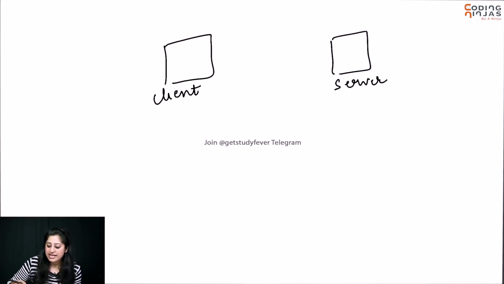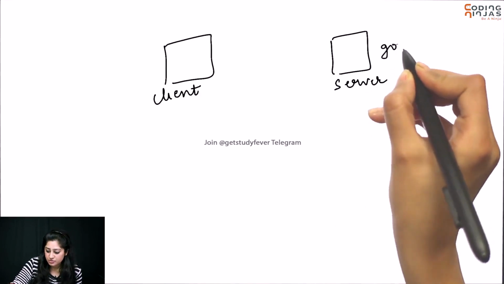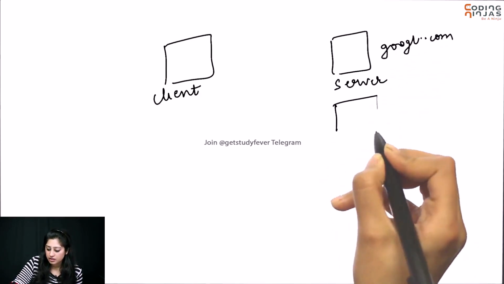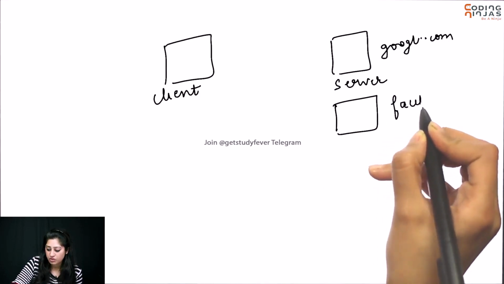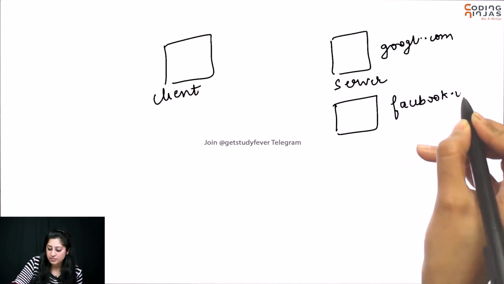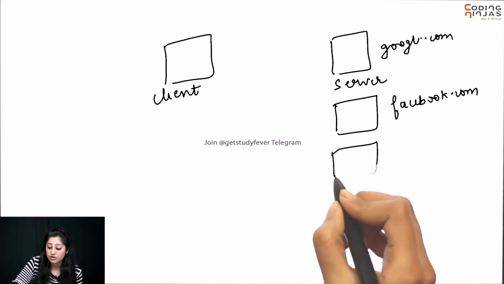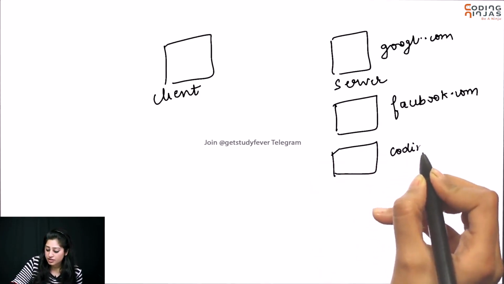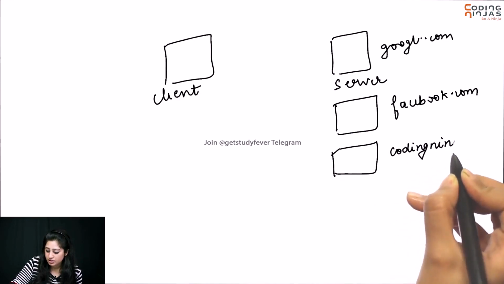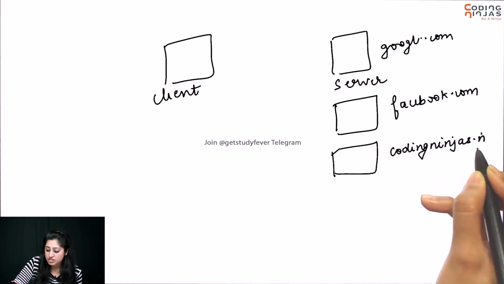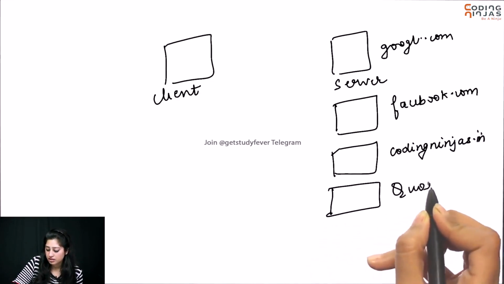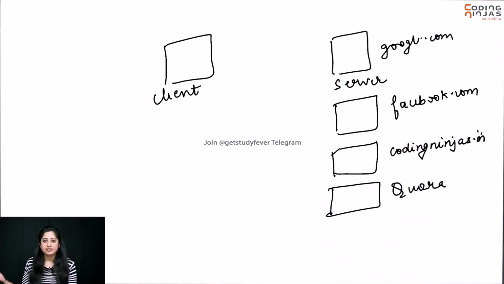For that, let's pick examples of different websites or different servers. Let's say there is google.com that you want to open, facebook.com. Then there will be a server for Facebook that you will have to contact for Facebook information. And if you want to open Coding Ninjas' website, you will have to contact Coding Ninjas' server, and Quora, Twitter, and so on.